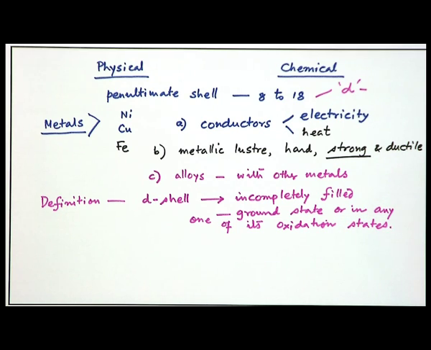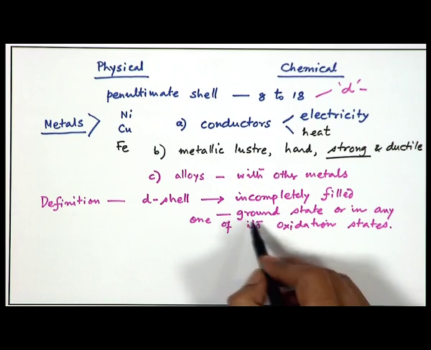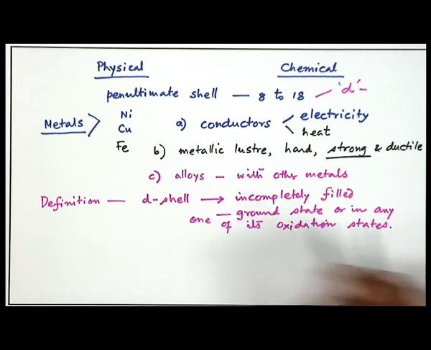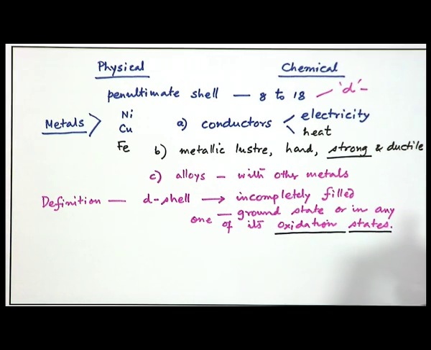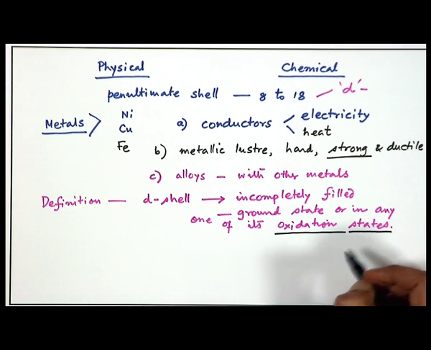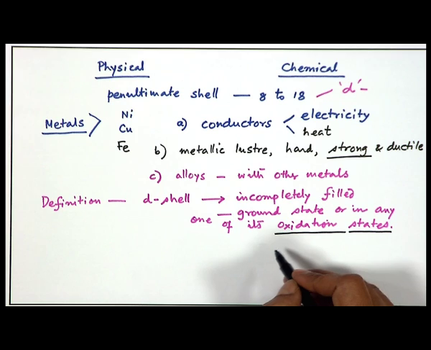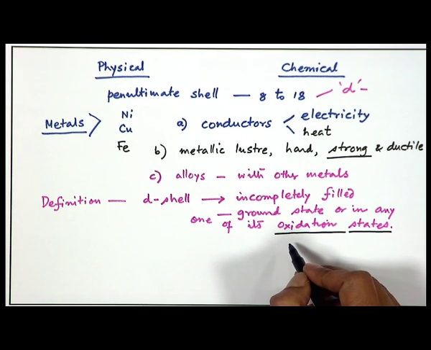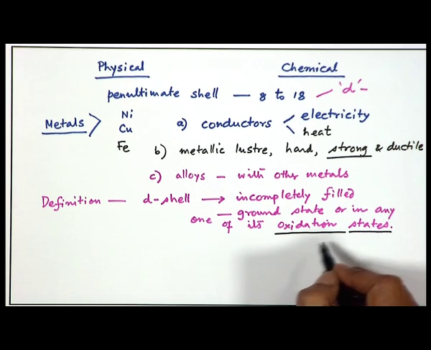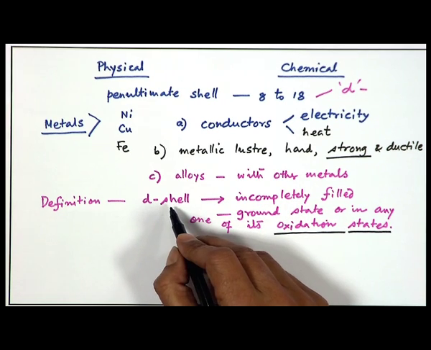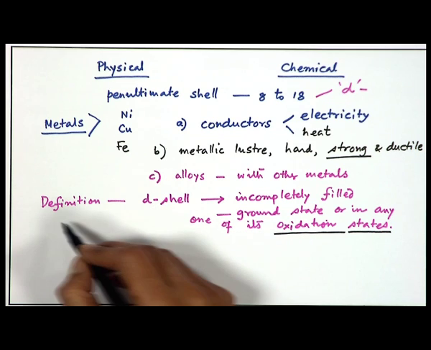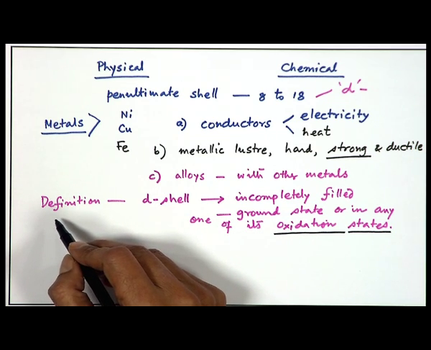It is therefore important that the ground state configuration should give us an incompletely filled D subshell or in any of its oxidation states. So, when we consider the possibility of the oxidation states, whether it has one permanent or one very easily accessible oxidation state or it can have different oxidation states, whatever oxidation state you can have, whether you have an incompletely filled D subshell or not, that will typically define whether you are talking about a transition element.